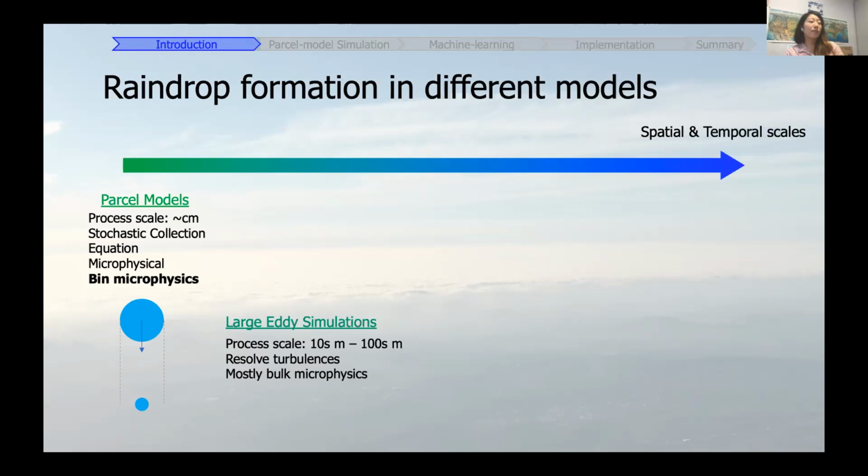And for the calculation of raindrop formation processes, they use the so-called stochastic collection equation, which is able to calculate how a certain size of cloud droplets interacts with another size of cloud droplets, what's the likelihood of that, and all those complex interactions between 2 different sizes of cloud droplets.